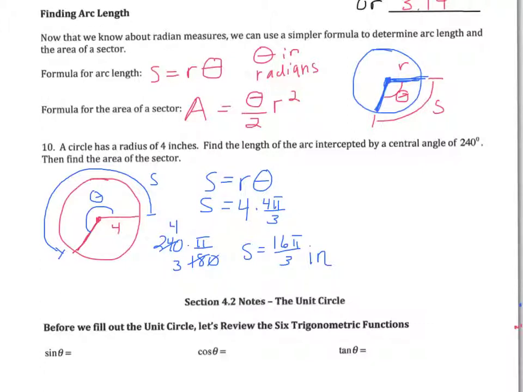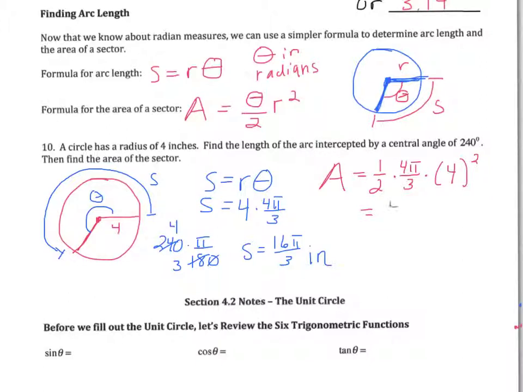You could always put that in your calculator and get the decimal answer. So now we're going to find the area. The area equals theta, which is 4 pi over 3, divided by 2. But let's do 1/2 times 4 pi over 3, which would be a little bit easier, times my radius squared. That would give me a 6 on the bottom.